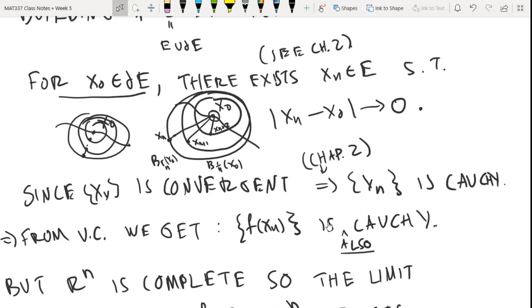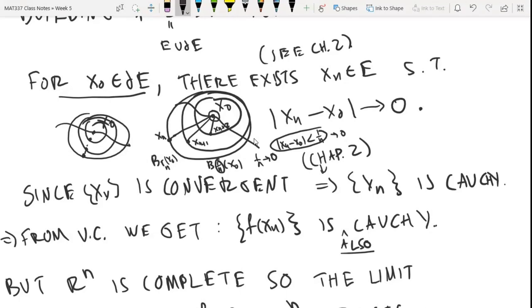Is that okay? Is it necessarily a limit point? Necessarily a limit point. Yeah, because we take the balls with radius 1 over n going to 0. So |x_n minus x0| is less than 1 over n. It goes to 0. By definition, yes, they are.